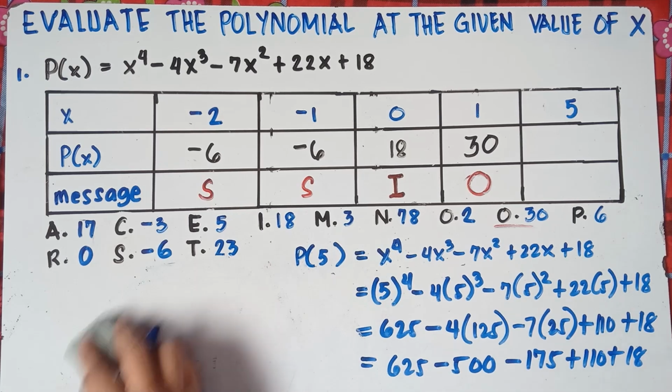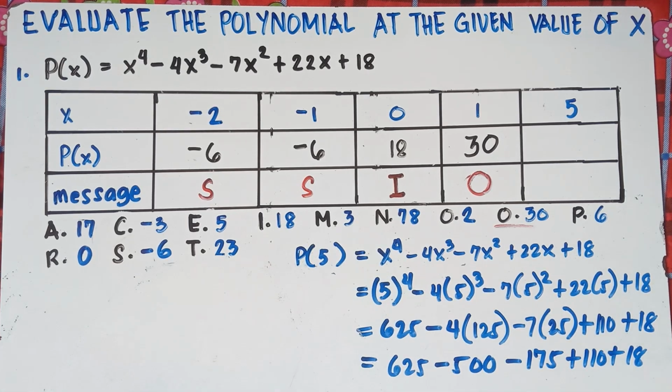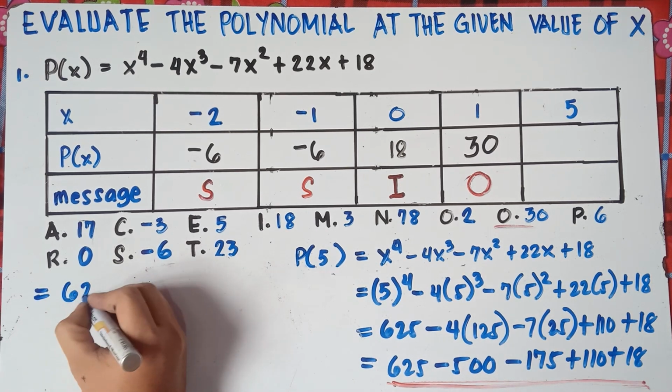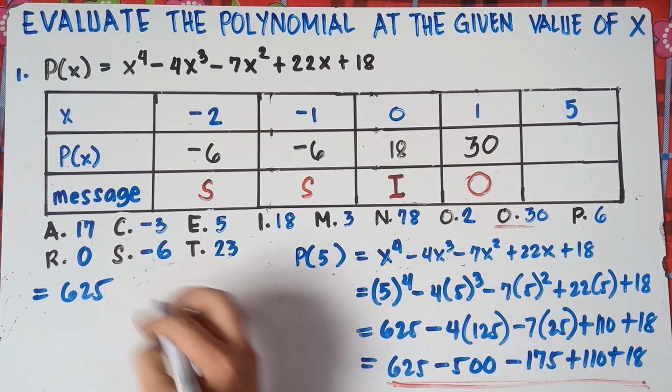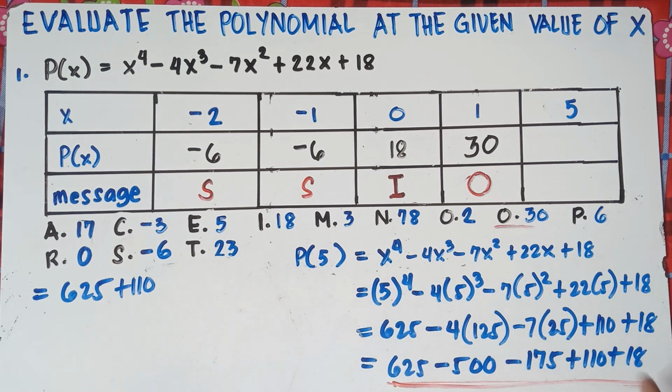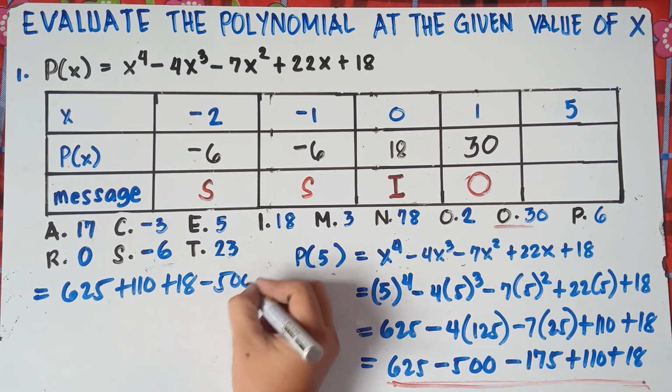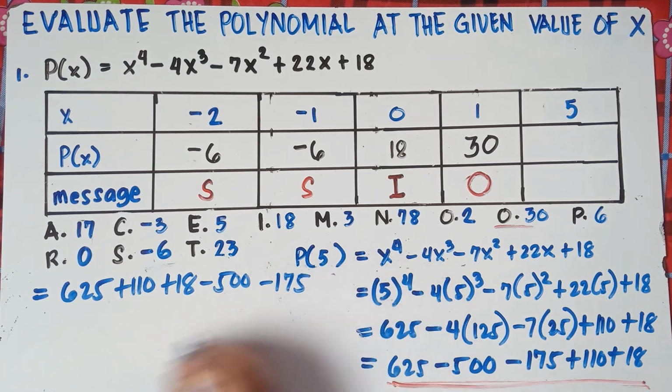Alright, so we need to arrange, class, for us not to be confused. So this will be positive 625, then positive 110, then positive 18, minus 500, minus 175.